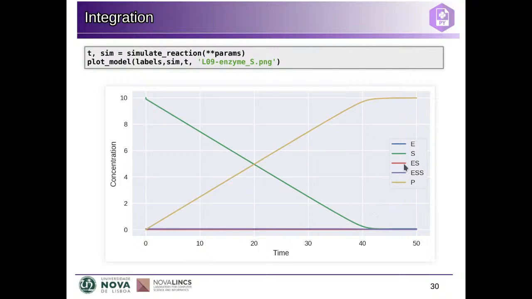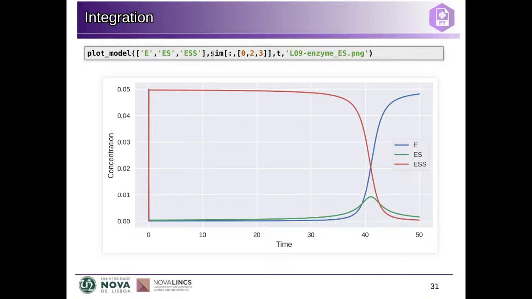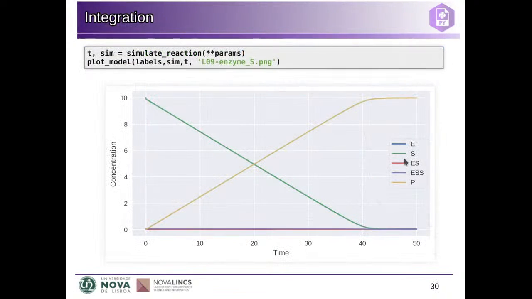And if we want, we can just look, for example, at the enzyme and the complexes with the enzyme from the results of the simulation, just taking the rows 0, the columns 0, 2, and 3, because this is the first species, the third and the fourth species.